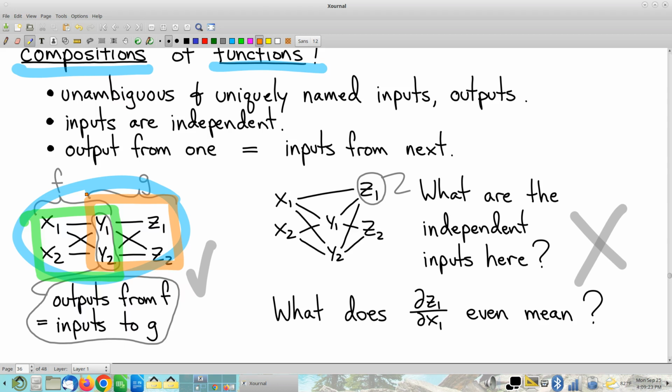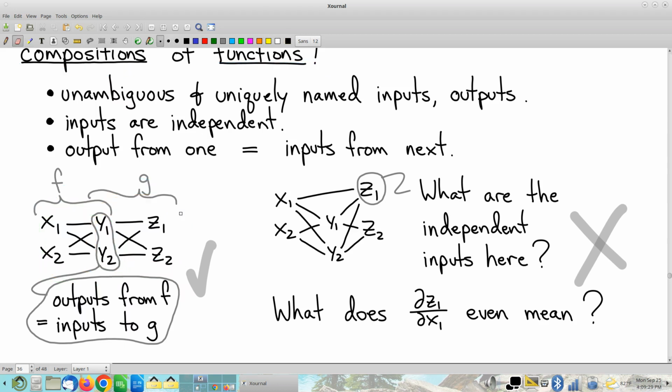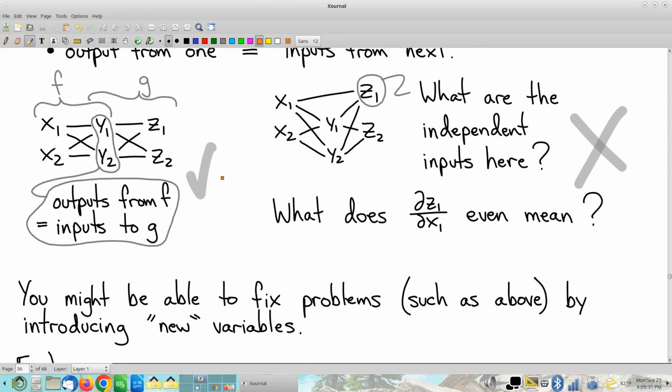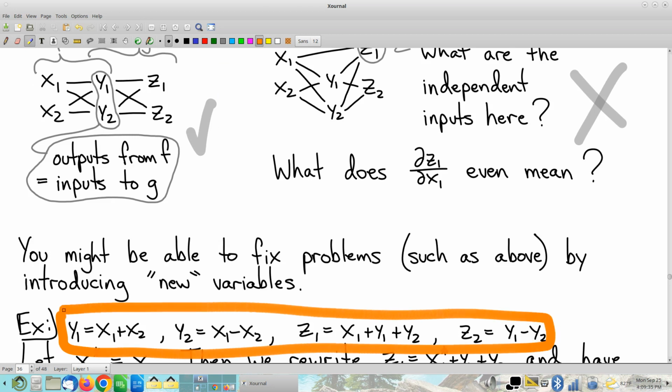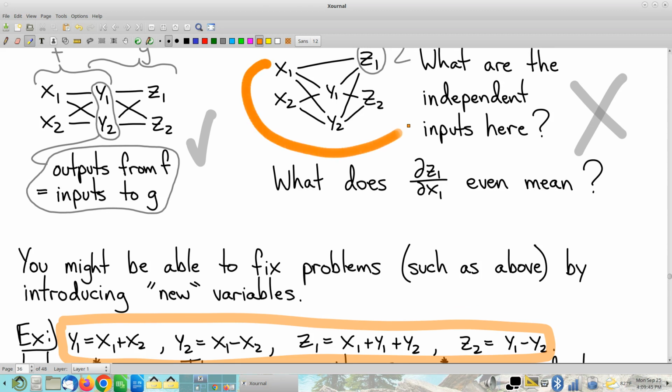Everything's fine. But what if you have a bunch of equations that look like this down here? The example that we're going to do next, which will be Wednesday. If these are your equations, and you draw the corresponding diagram, your diagram's going to look like that. What the heck is that?